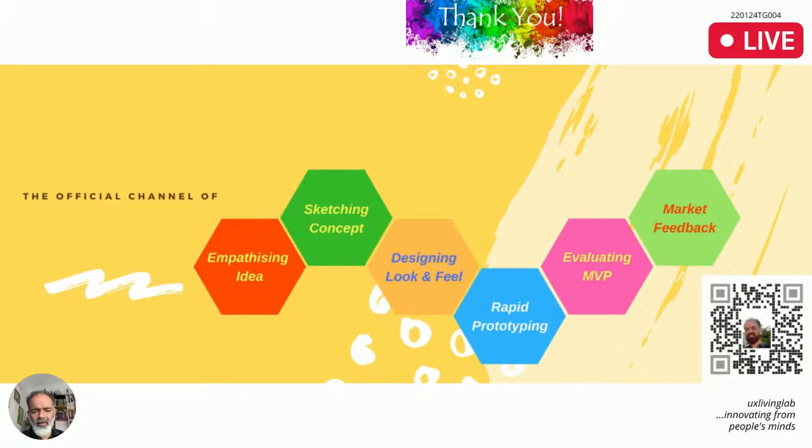Ideation and concept is mainly for the product owner, product designer. Then starting with the look and feel, the wireframes, mockups, and UI design. That gives a look and feel of the product which is going to be developed in the innovation journey.